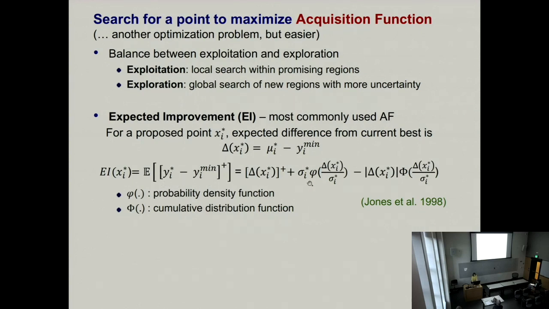It's related to the probability density function of your current surrogate model, this difference of the data point compared to your current best, and also related to this cumulative distribution function. So the formula looks a little bit complicated, but intuitively, that's what it's doing. So this is an optimization problem, but it's using the surrogate function, which is a lot simpler to optimize.